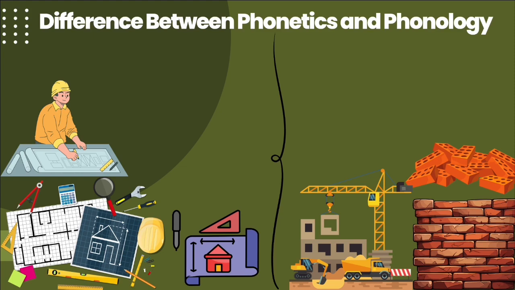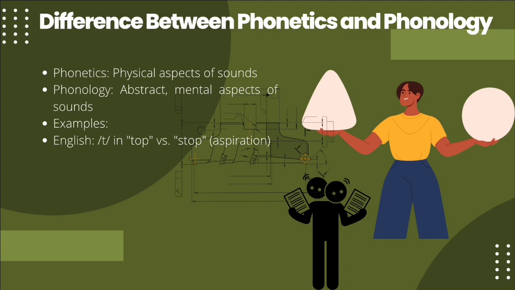For example, in English, the t sound can be produced differently in the words stop and top. Phonetics examines the physical production of these sounds, while phonology looks at how these variations are understood by speakers and fit into the language sound system.